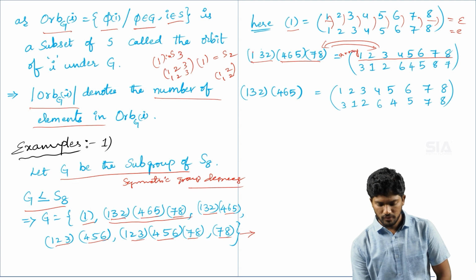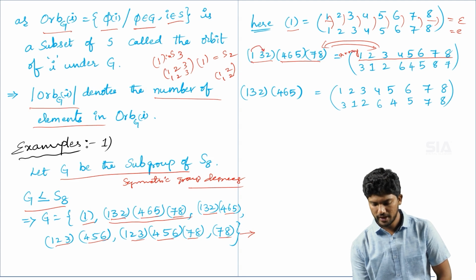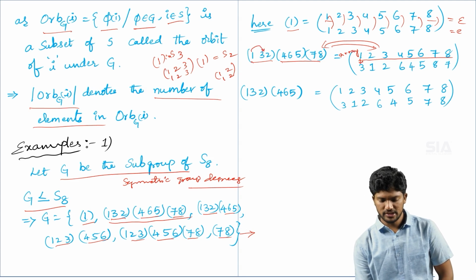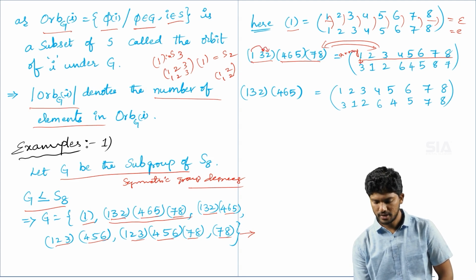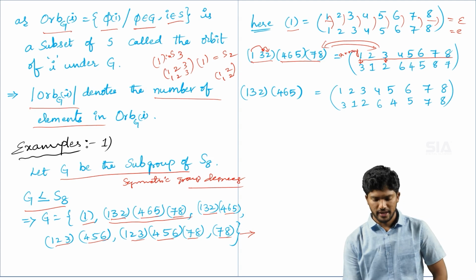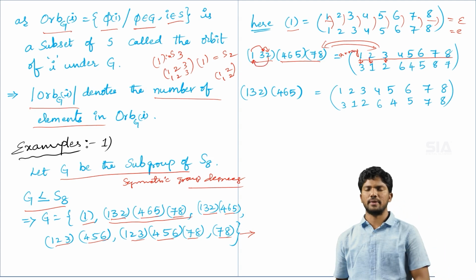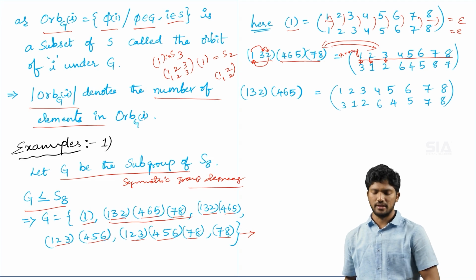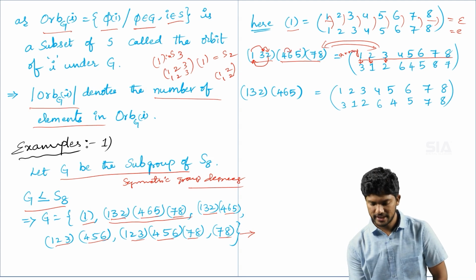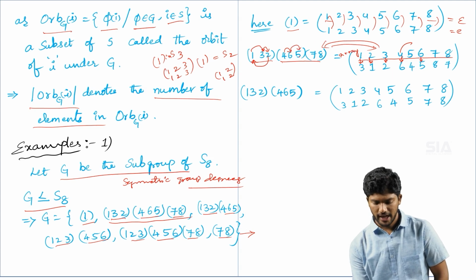After that, 1 goes to 3, next 3 goes to 2, next 2 goes to 1. In this format you have to fill up the second array. Next, 4 goes to 6, 6 goes to 5, and 5 goes to 4.